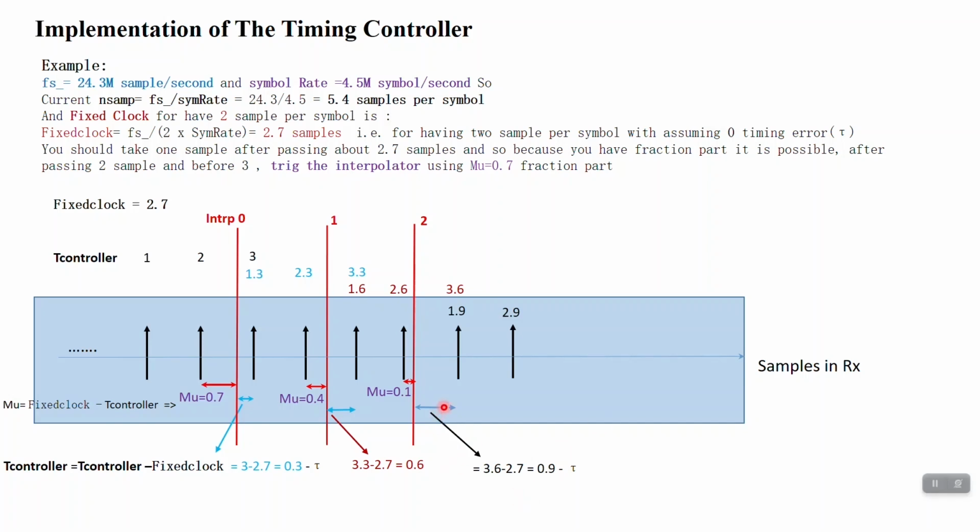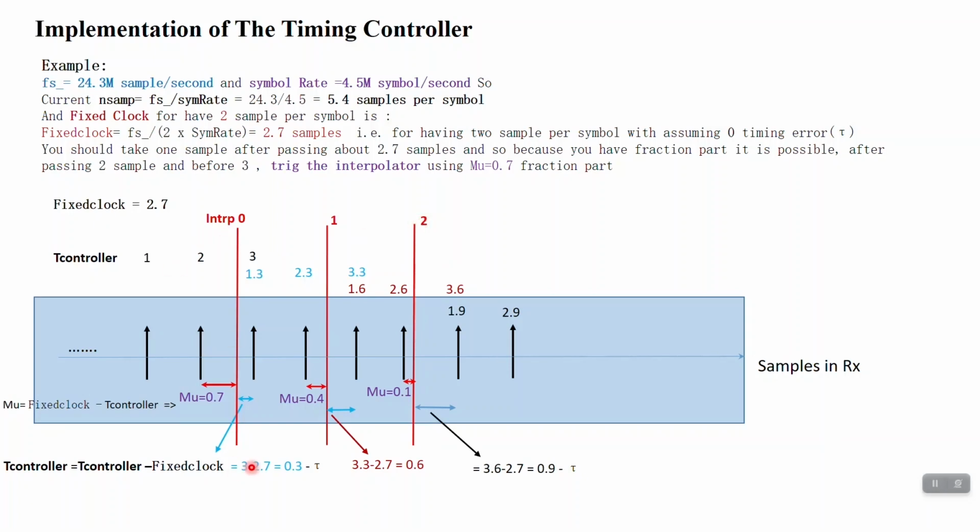Here I said you calculate the timing error, so you have to update the T controller and subtract that timing error from the T controller, so the initial T controller is updated by the timing error. By this formula, subtract the timing error because it is present here and takes a value, because this interpolated sample has a valid value.